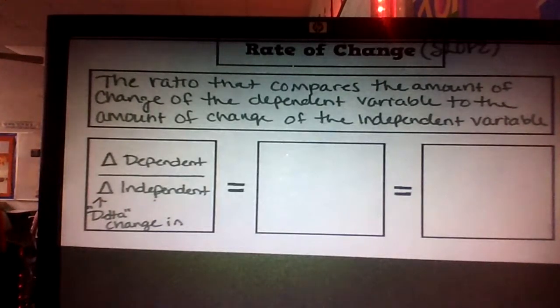Okay. So the top needs to be the change in my dependent variable. Well, what's my dependent variable? Which variable is dependent? Remember, which one was my input versus which one was my output?